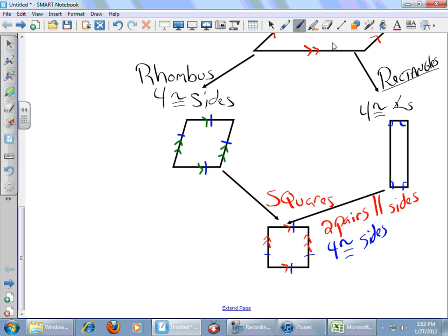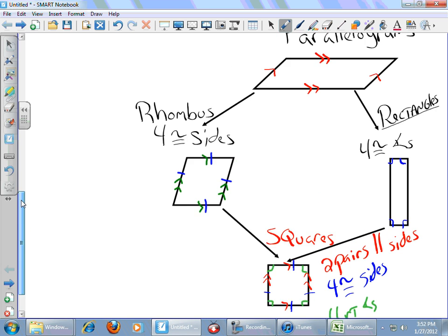Now, not only that, but they also have four right angles, just like a rectangle. Okay, so they have four right angles, or four congruent angles. So the square is a special type of rhombus. It's also a special type of rectangle, and it's a very, very special type of parallelogram, and of course it is also a quadrilateral. Okay, all those classifications fit.